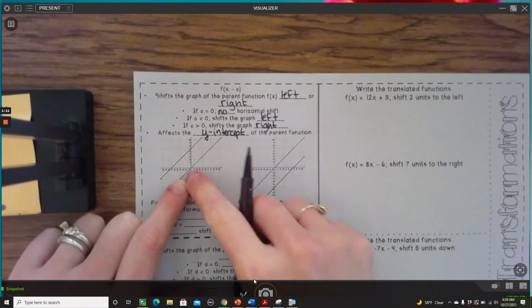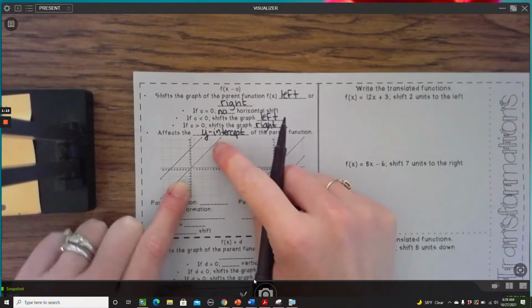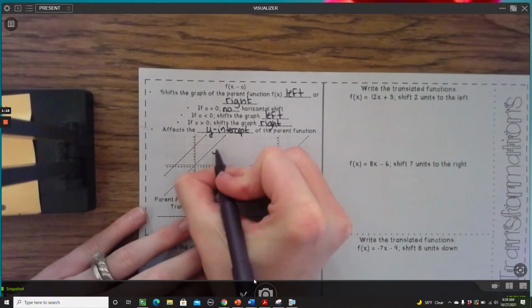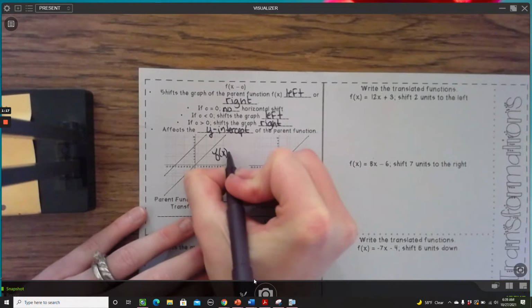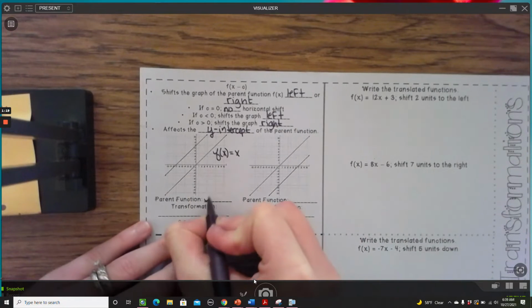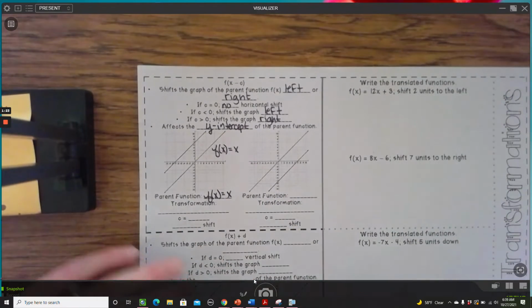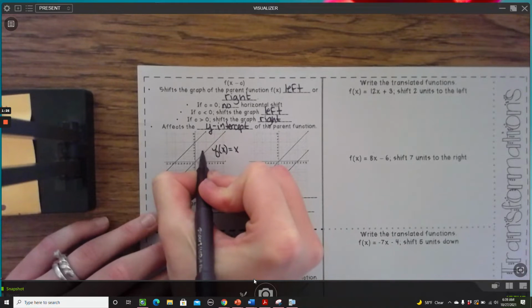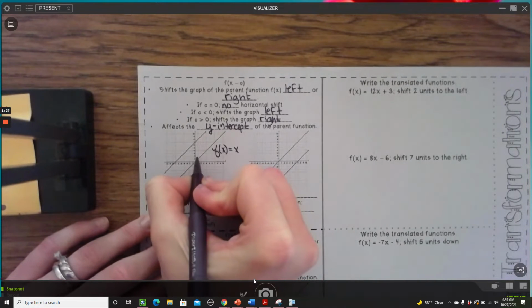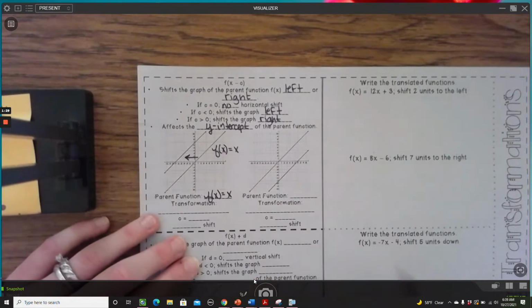So here, this center line going through the origin is our parent function, f of x equals x. That's the linear parent function. What I've done is shift this function this direction. Okay?